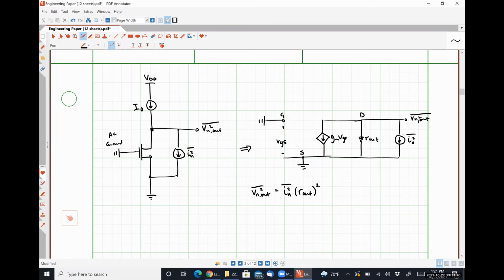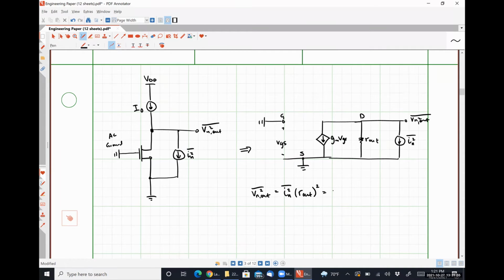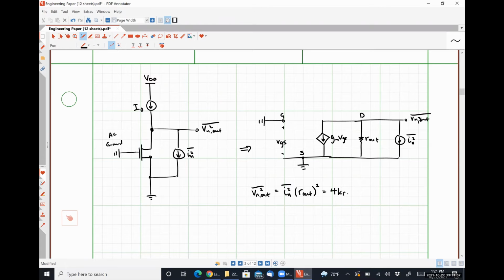So this is representing the transfer function of our small signal model for our transistor here. Gives us simply 4 kBT gamma GM R out squared.